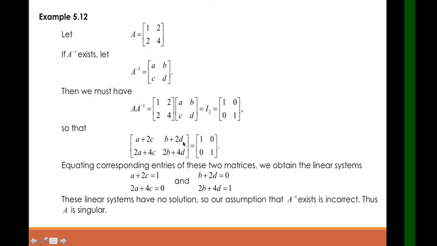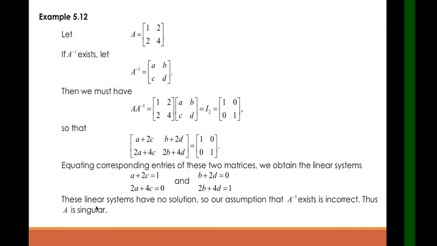B plus 2D is equal to 0, 2A plus 4C is equal to 0, and 2B plus 4D is equal to 1. The linear system has no solution. So our assumption that A raised to negative 1 exists is incorrect. Thus, A is singular. So kung titignan daw natin siya, wala siyang solusyon. Paano siya magiging walang solusyon? Kapag 0 yung nakuha natin.